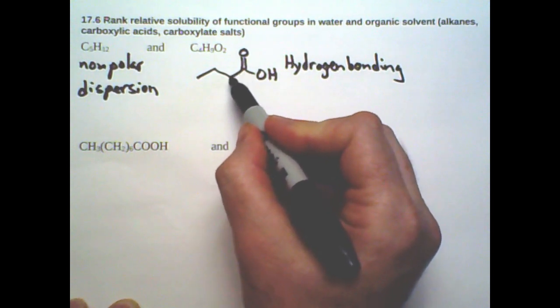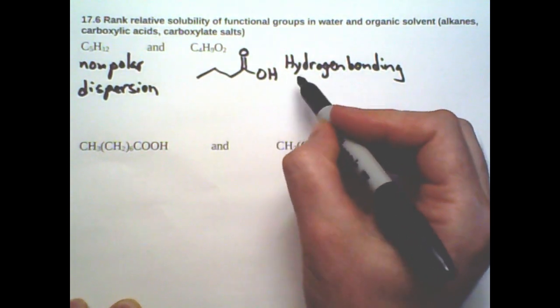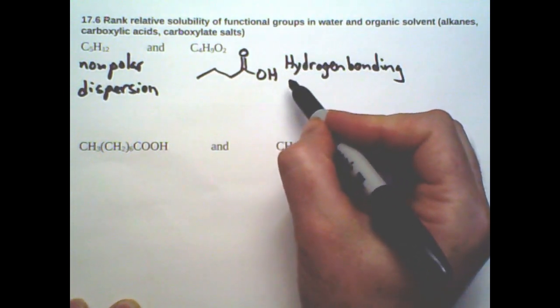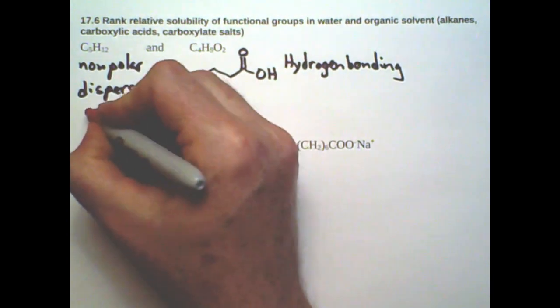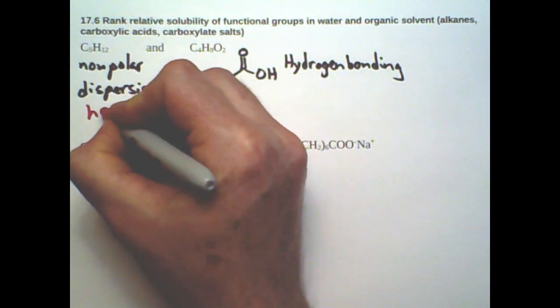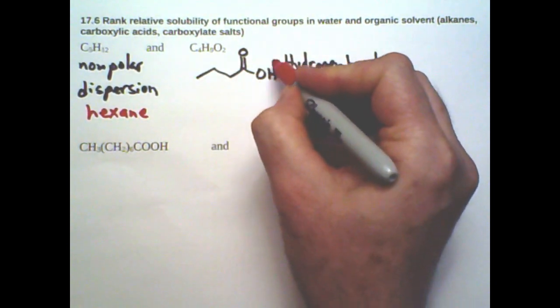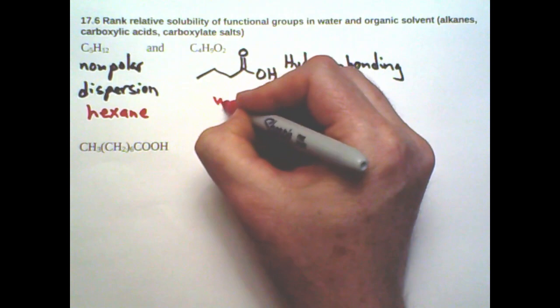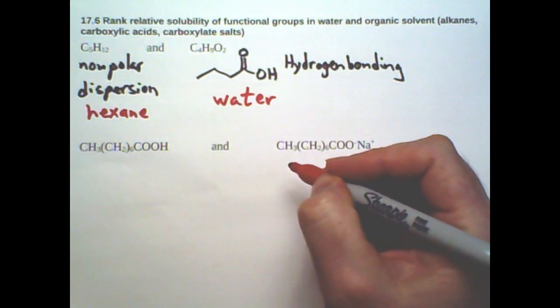And this is short, just a few carbons long, of a nonpolar chain, and so hydrogen bonding is the main thing going on there. So nonpolar molecules are going to dissolve in organic solvents like hexane best, and hydrogen bonding molecules are going to dissolve in hydrogen bonding solvents like water the best.